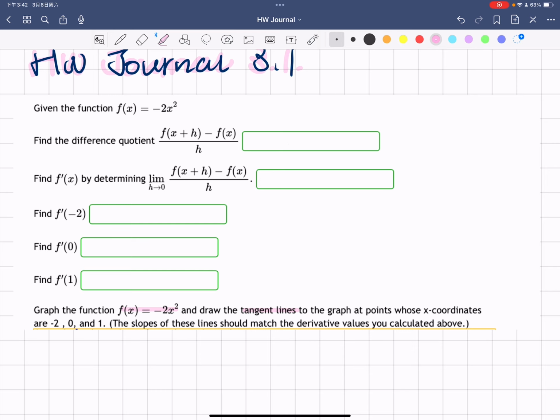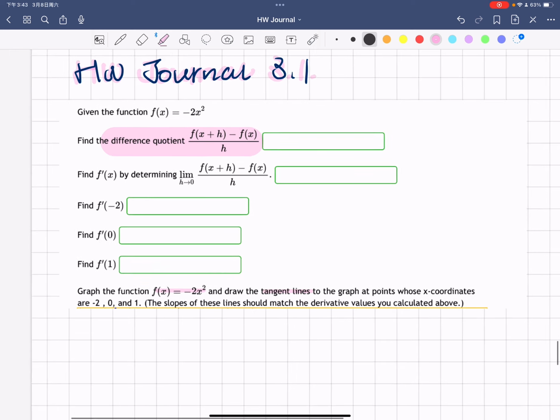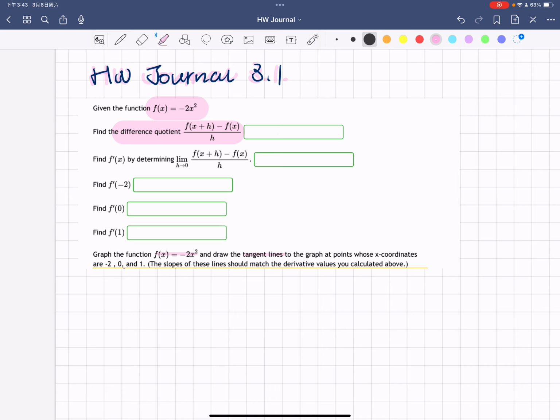Firstly, we'll be figuring out the difference quotient through the derivative function. As we know, our given function is f(x) equals negative 2x squared.